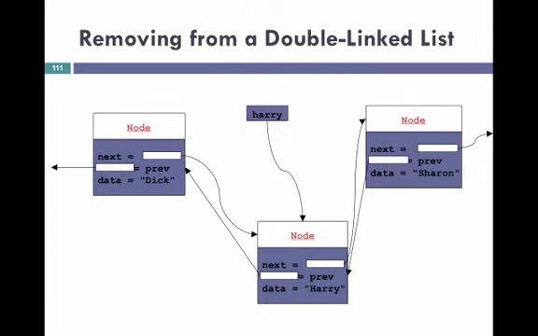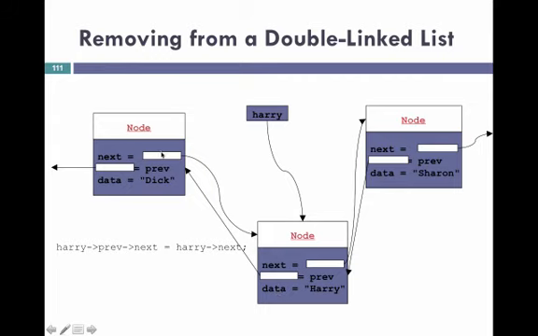To remove a node from a double linked list, we have a variable Harry that refers to the node that we want to remove. We'll say Harry arrow next, which points to Sharon. Harry arrow next is this pointer to Sharon, and we'll assign that to Harry arrow previous arrow next. So Harry arrow previous takes us to this node.